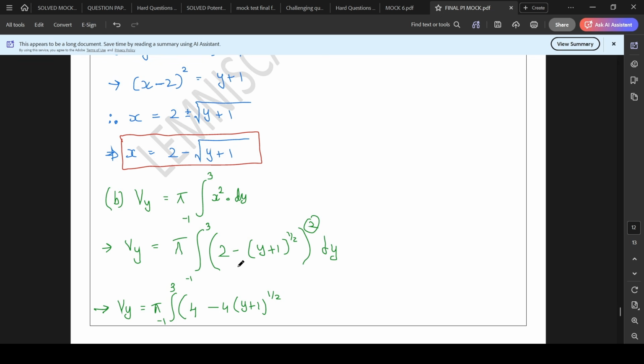And then I'm having the square of this term, negative (y plus 1) to the power of half, squared. Yeah, this is 2, and I'm going to square this now. So negative square becomes plus, and the square of this entire term will become y plus 1, because half and square gets cancelled out. And this is with respect to dy.